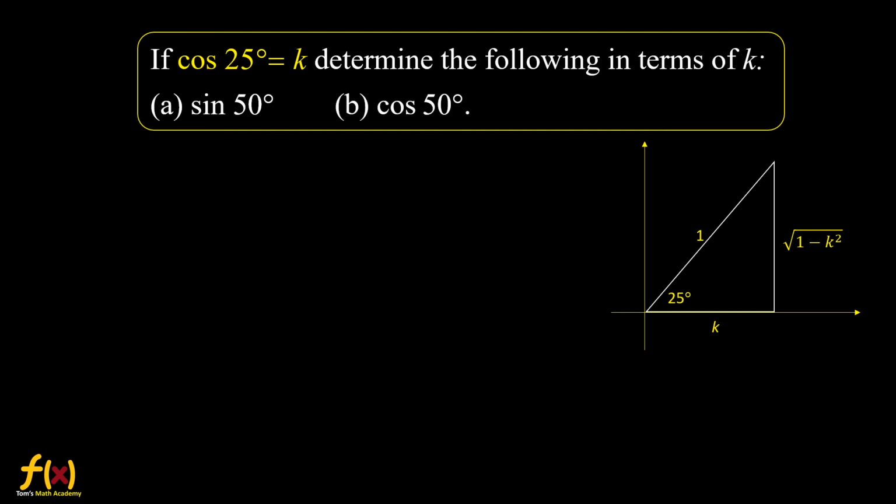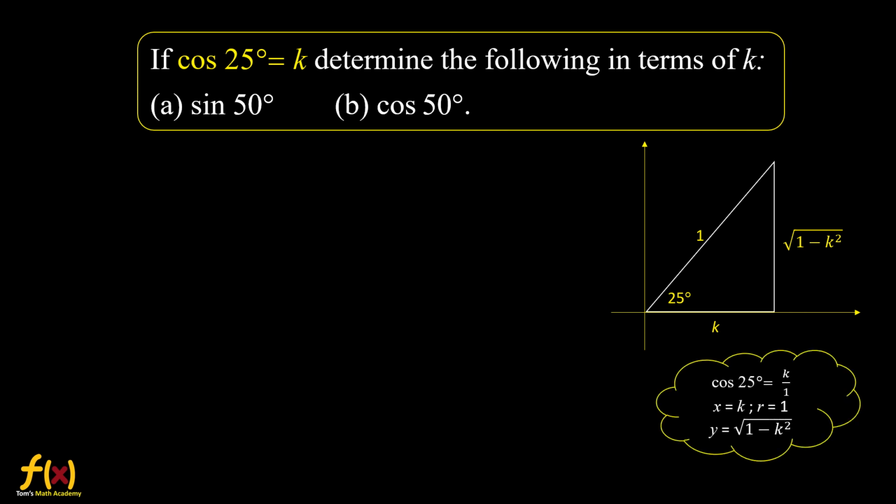Hope you already know it. So we work out the square root of 1 minus k square. That is our y. X, y and r. So we get all of them. Now we can answer our question.